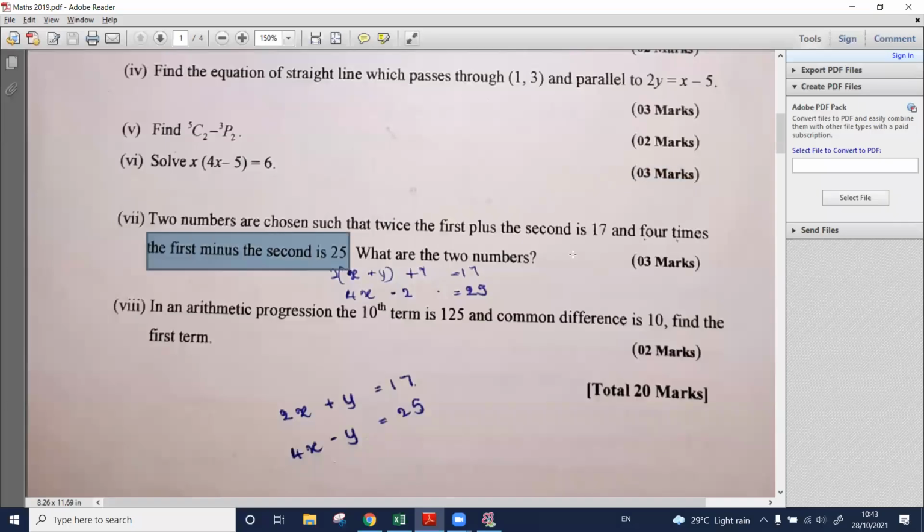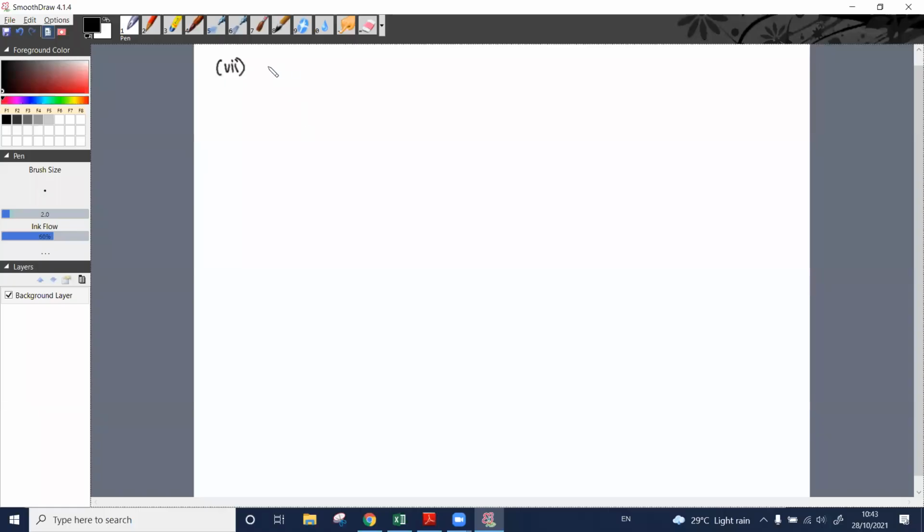What are the two numbers? We need to find what these two numbers are. We'll assume the first number as x and the second number as y.